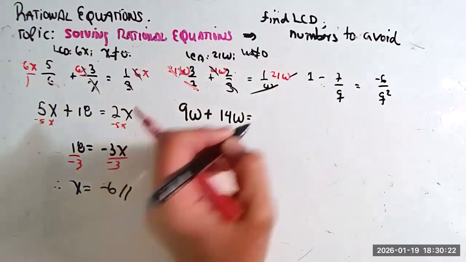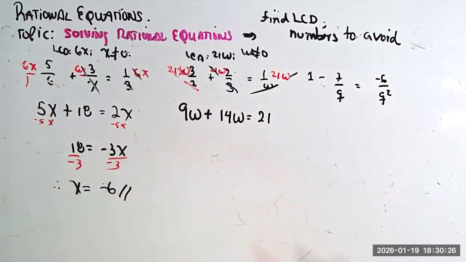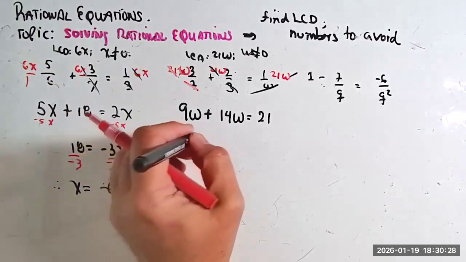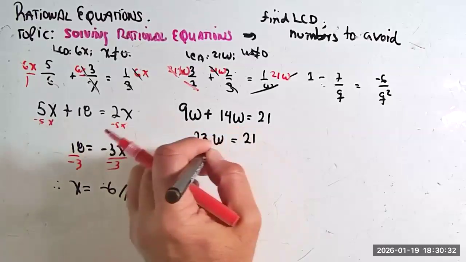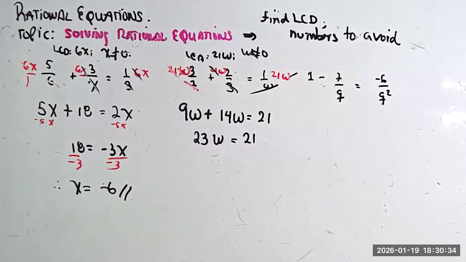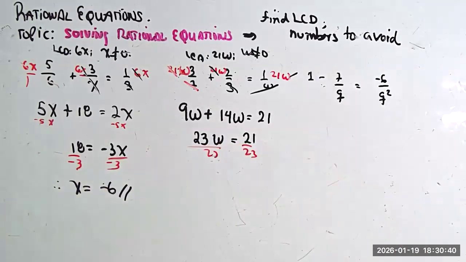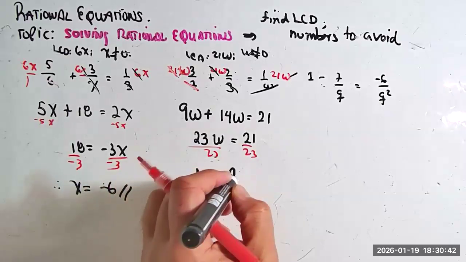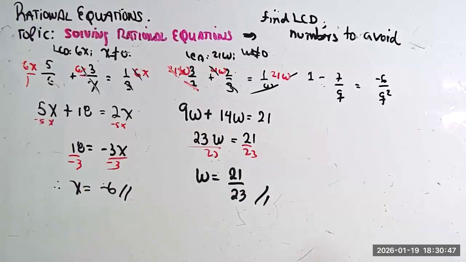W over w equals 21. 9w plus 14w is 23w. W equals 21 divided by 23. We have that w equals 21 over 23, and we are done.